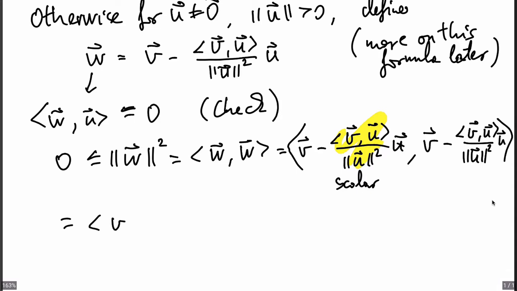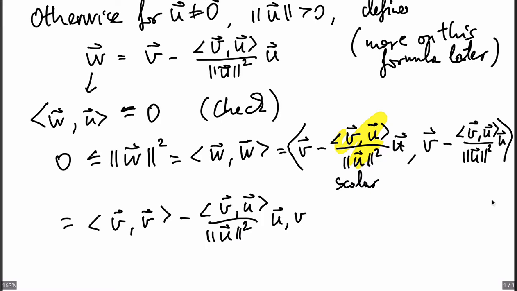We will have V inner product V, then we can factor out minus the V inner product U over U norm square, and then U inner product V. So that would be this part, multiplying together with the coefficient.